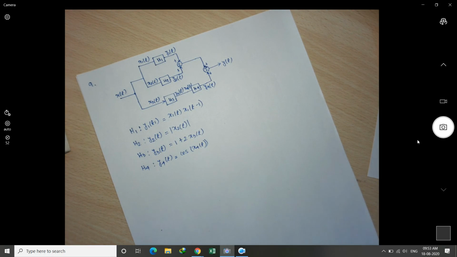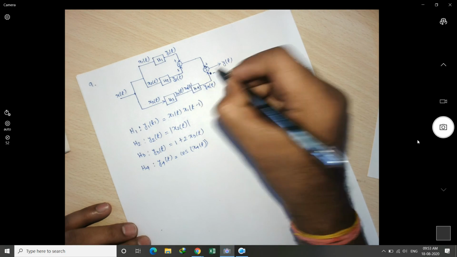So you need to find out all those subsystems. So what will be the overall output of the system? Sorry, this is not plus, it is minus. This one is minus.